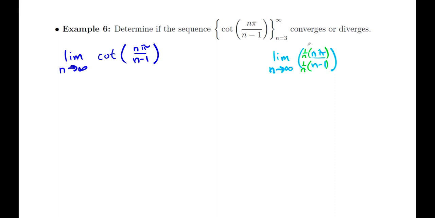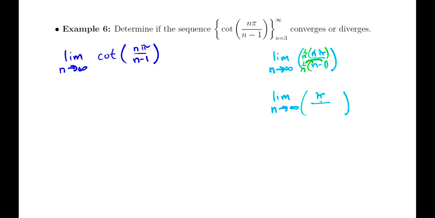So if I multiply by 1 over n in this case, then as I distribute through the bottom, I'm going to get rid of this n, and then I'm going to have a 1 over n. But having a 1 over n is actually really nice, because we know what happens to that as n gets big, right? It goes to 0. So what we're left with is these guys canceling, so I just have a pi on top.